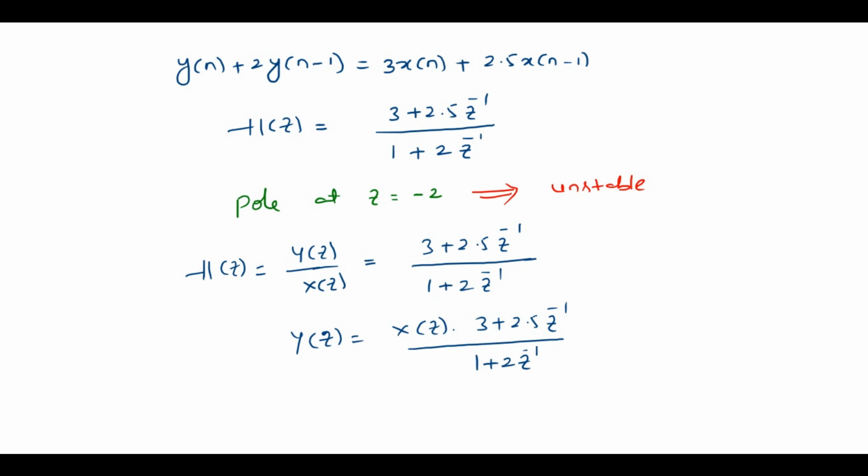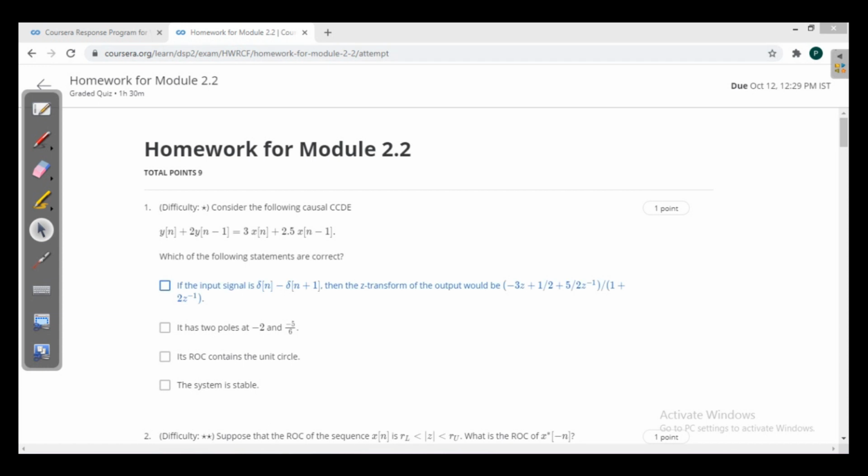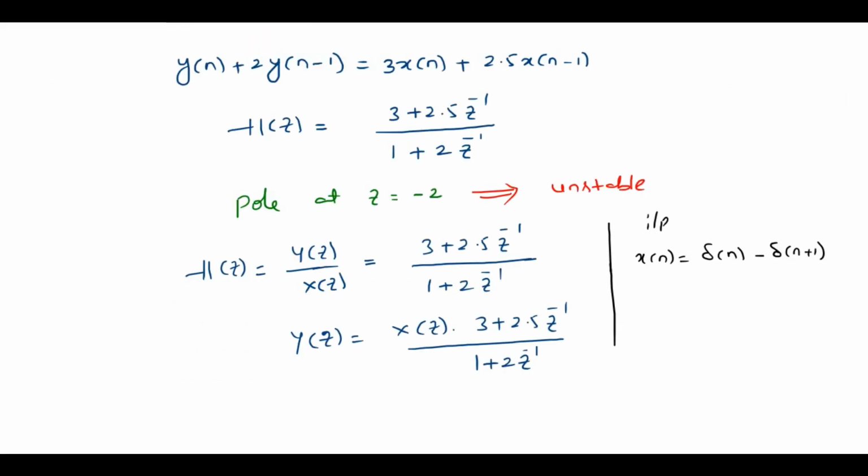So the given input x of n is equal to del of n minus del of n plus 1. So x of z is equal to 1 minus z. Now substitute x of z in this y of z and find y of z.